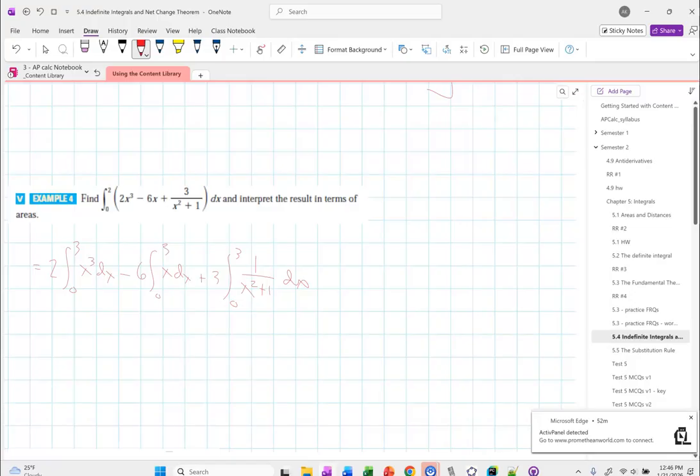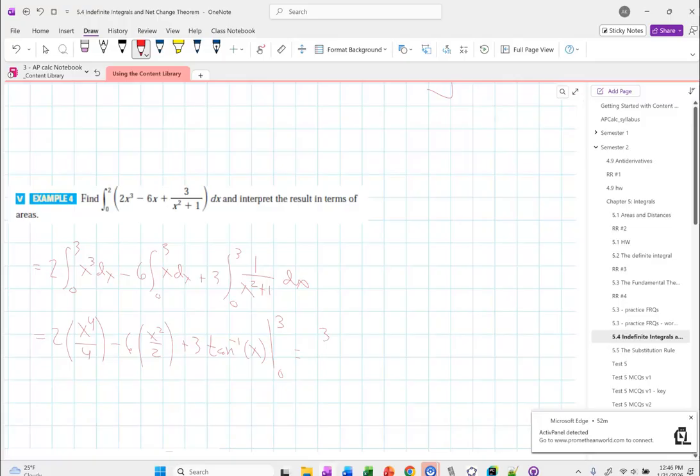Antiderivative of x cubed is? Antiderivative of x is? Antiderivative of 1 over x squared plus 1 is? Tan inverse, yeah. And then evaluated from 0 to 3.